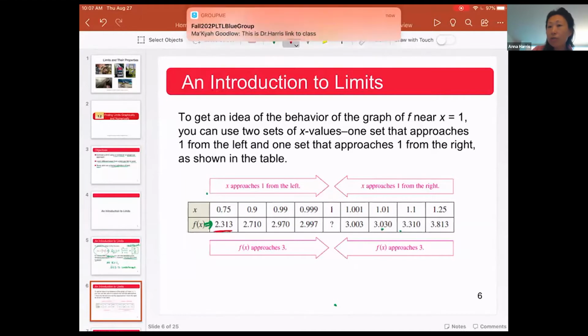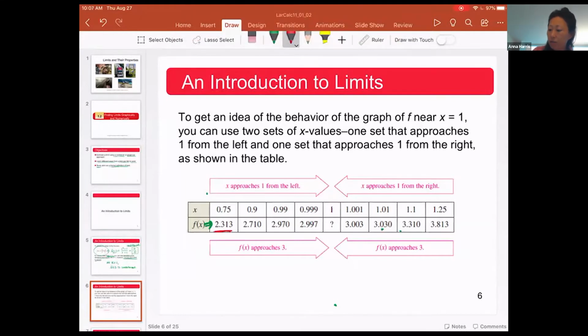You get 2.123, 2.710, 2.970, 2.997. Now let's look at it from the right-hand side. 3.813, 3.330, 3.030, 3.003. What number do you think is going to be right here? What's the number it's approaching? Can somebody guess, just looking at this table?